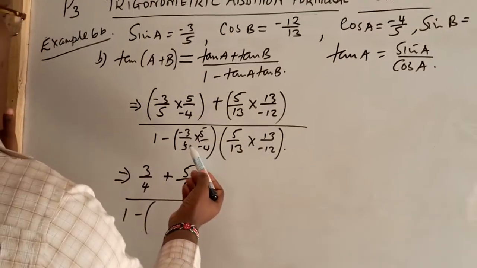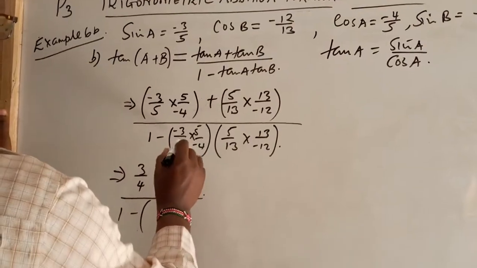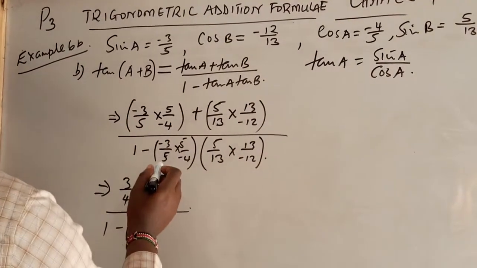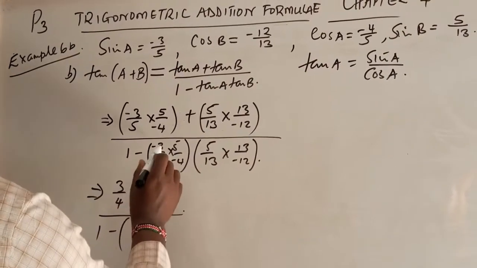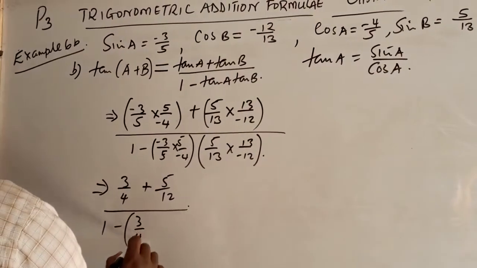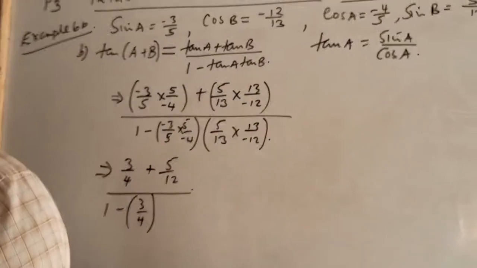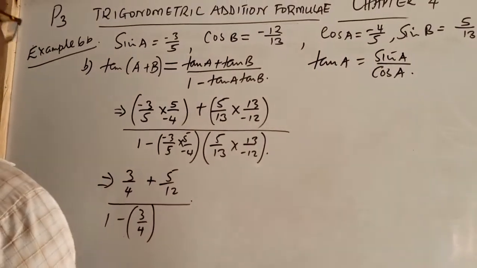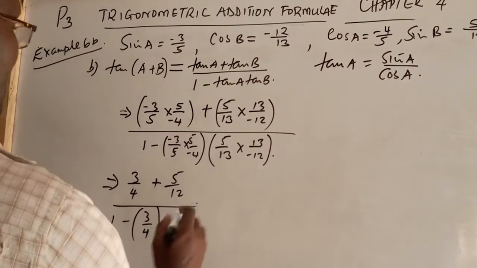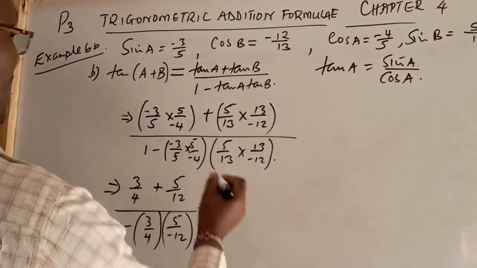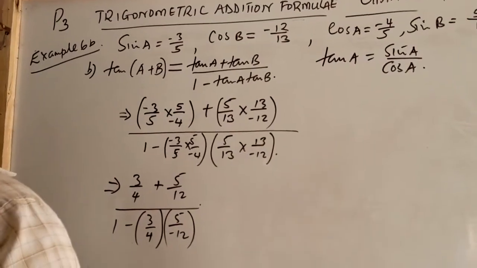This one alone is minus 3 over 4, which is positive 3 over 4, multiplied by the second bracket, which gives us 5 over minus 12, because again 13 and 13 will cancel out.